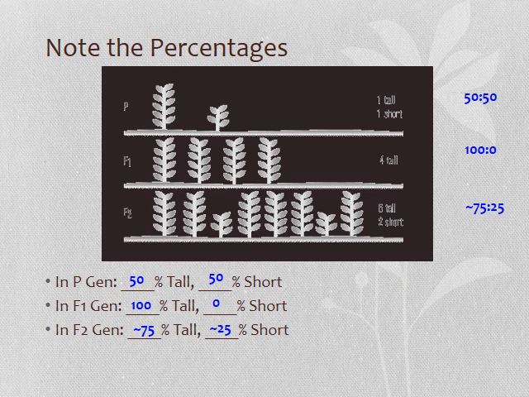So if we think about what we know now, what we have here in the first generation, if you go ahead and look at the percentages, we've got 50-50 for tall and short in the first generation. In the second generation, well, let's go ahead and say that big T here is tall.